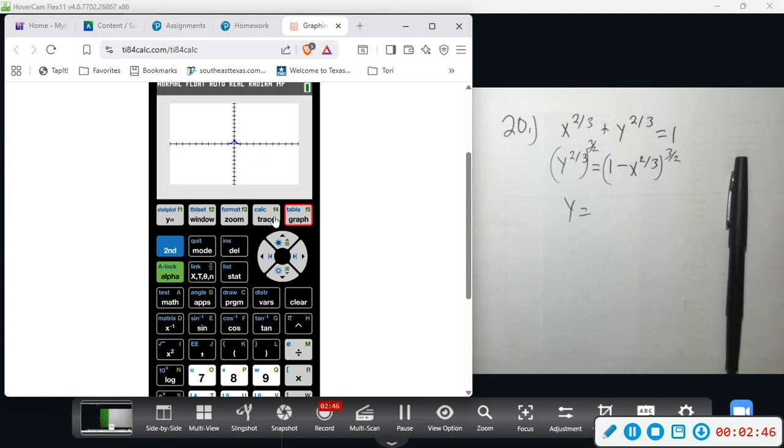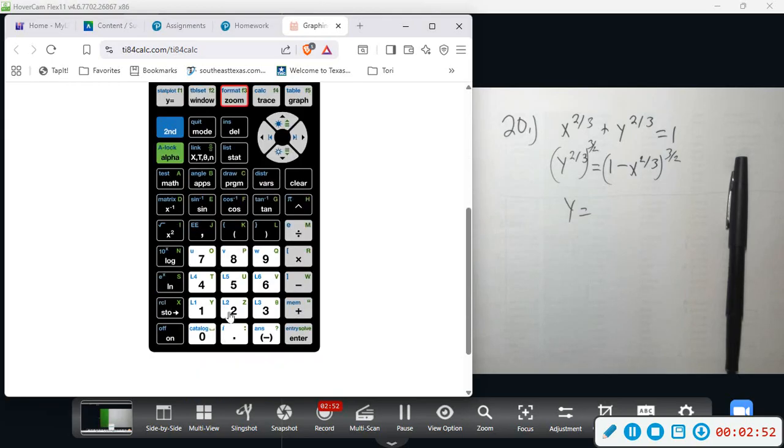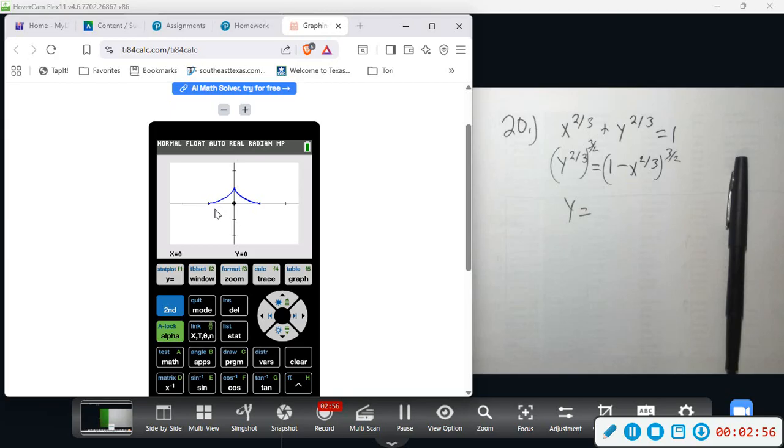Okay, so when we zoom in on that, it's missing out on the negative sections, because when you both get negative, you can get ones.